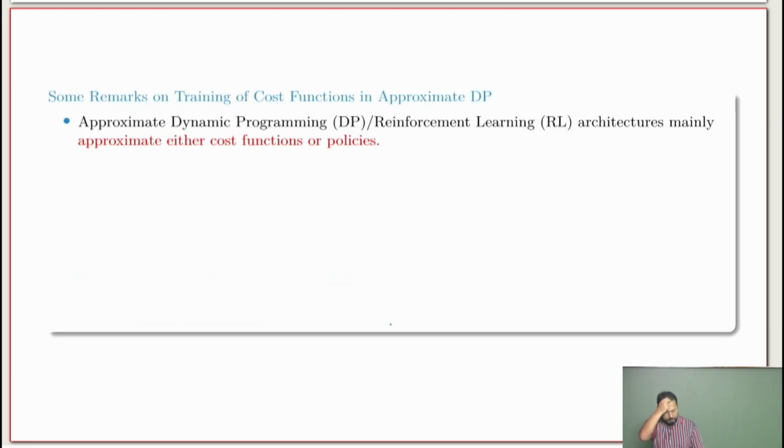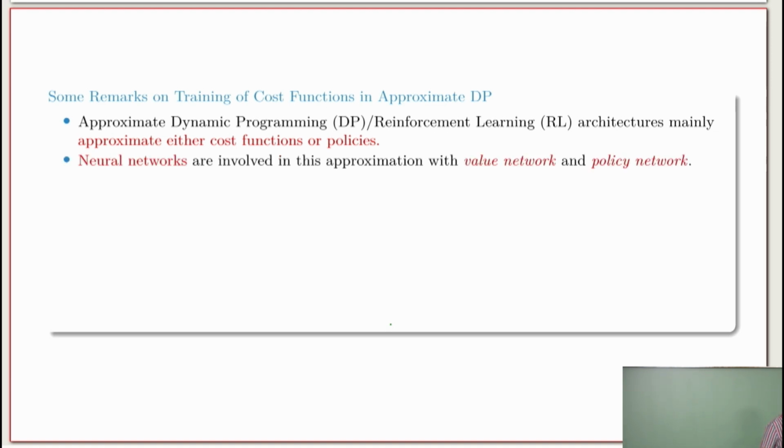So some remarks. In dynamic programming or in RL, we typically approximate two types of things: cost functions or policies. What we have seen so far is we have parameterized the cost, J tilde (x, r), but we could have done this for the policy as well.